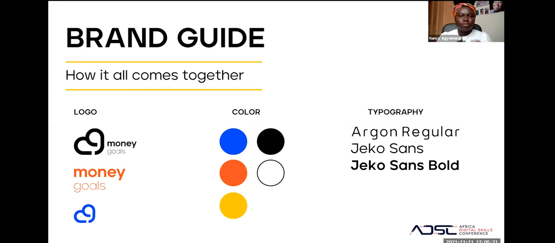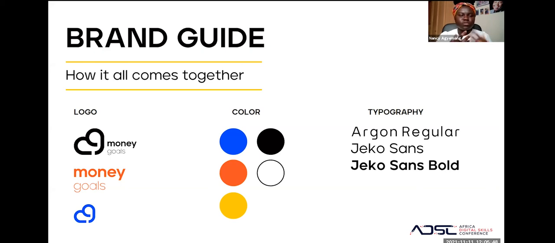You're trying to help your clients to be able to use their guide, and also to stay consistent with their brand. And when they onboard new people, new employees, new team members, they can easily share the brand values and the brand identity with them without losing touch.